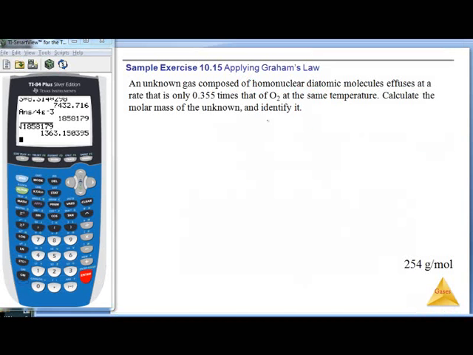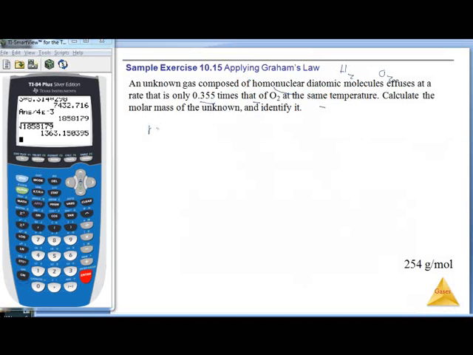Alright, so an unknown gas compound of a homonuclear diatomic molecule, which means it's something like H2 or O2, effuses at a rate only 0.355 times that of oxygen at the same temperature. Calculate the molar mass of the unknown and identify it.